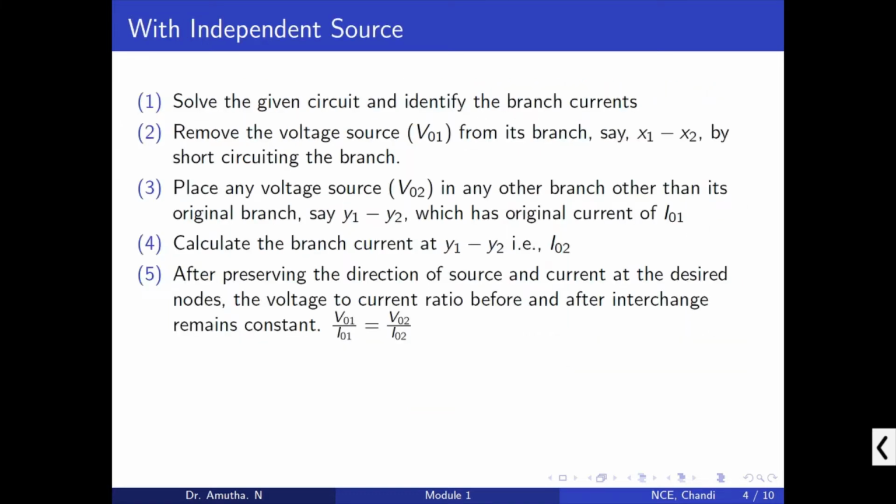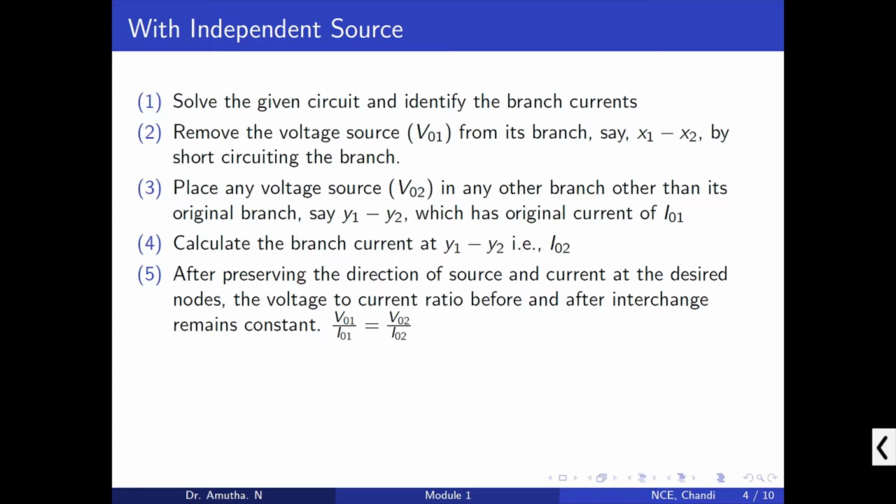This is the step which has been explained now. Solve the given circuit and identify the branch currents. For the given circuit you have to solve it either using mesh equations or nodal equations and try to find out the branch currents of the circuit.